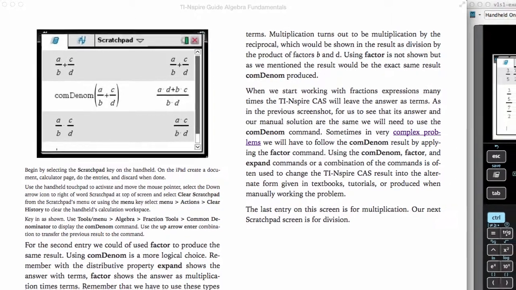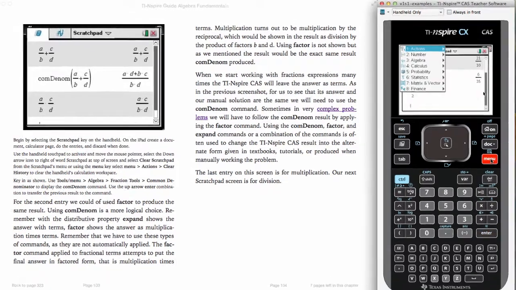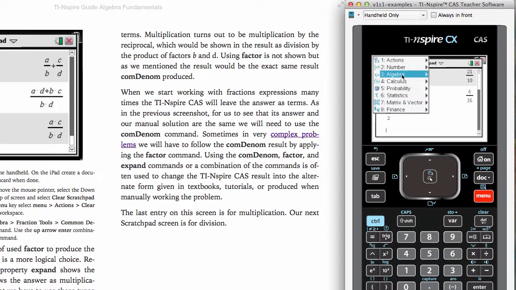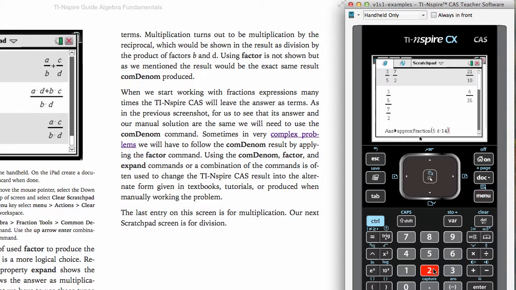In fact, to take a look at where these commands are, you can go to menu, you can go to algebra or number. Okay, so let's say we go to number, and let's clear out because I accidentally hit something I didn't mean to hit.